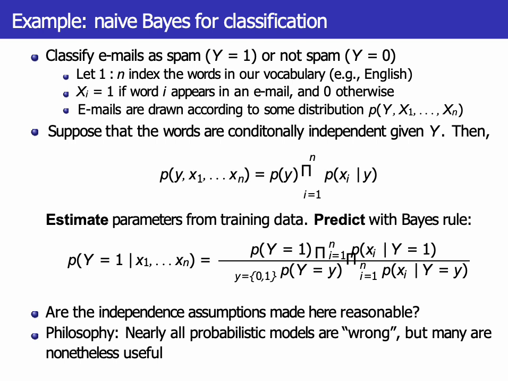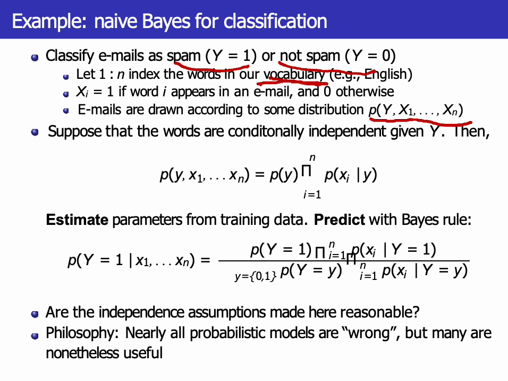And another example, for example, Naive Bayes for classification. Classify emails as spam or not spam, y equal 1 or y equal 0. Let 1 to n index the words in our vocabulary. And xi equal 1 if word i appears in an email and 0 otherwise. Emails are drawn according to some distribution p(y, x1 to xm).